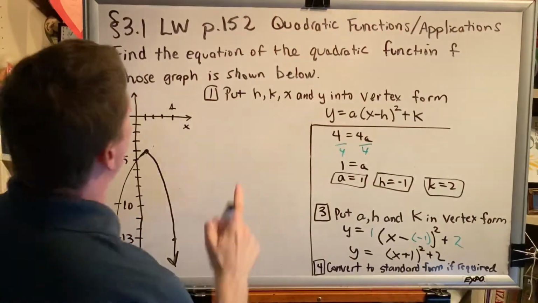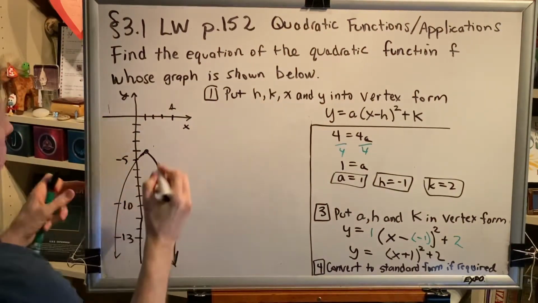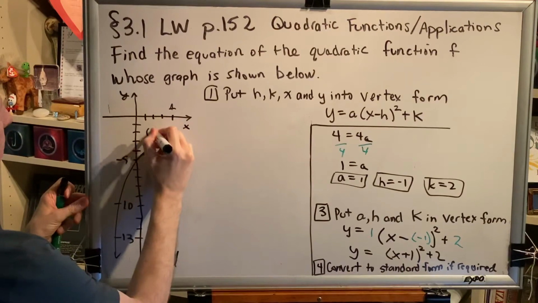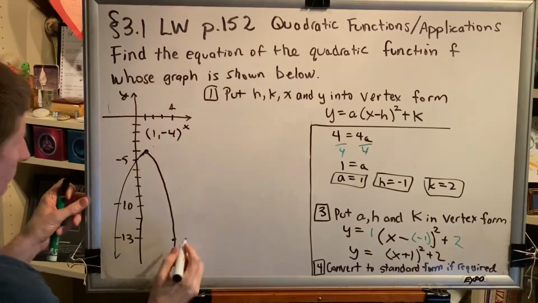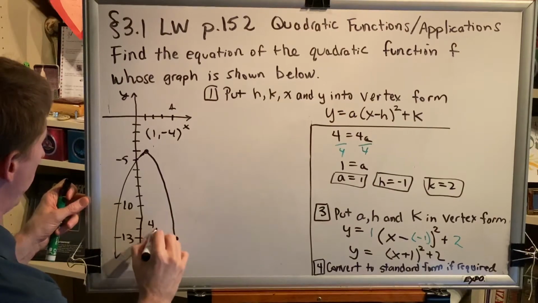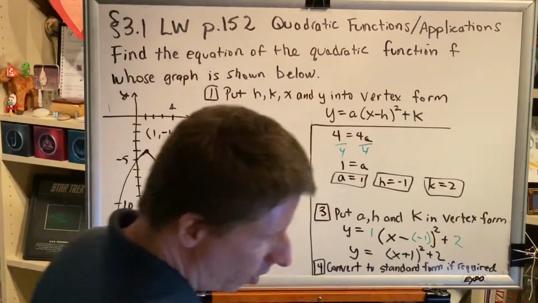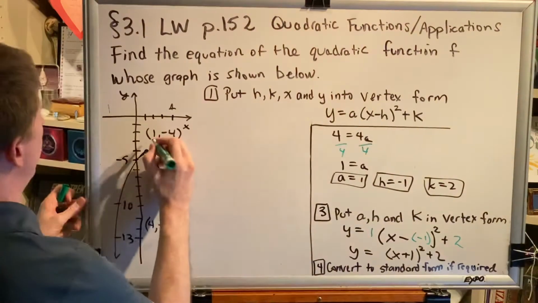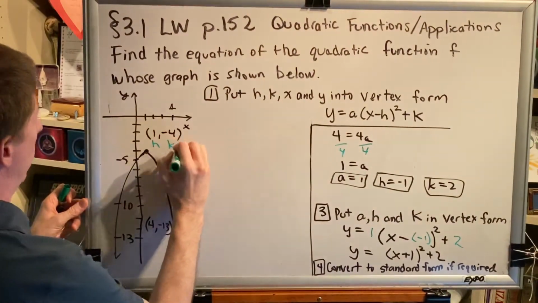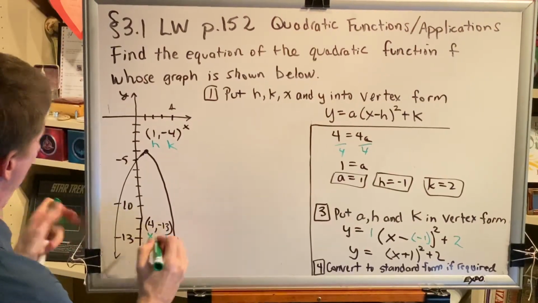Okay, step 1, put h, k, x, and y into the vertex form. So in this particular problem, the vertex is 1, -4. And the other point that we're told that it goes through is the point 4, -13. So let's label those. The 1, -4, that's the h and k. The 4, -13, that's an x and y.